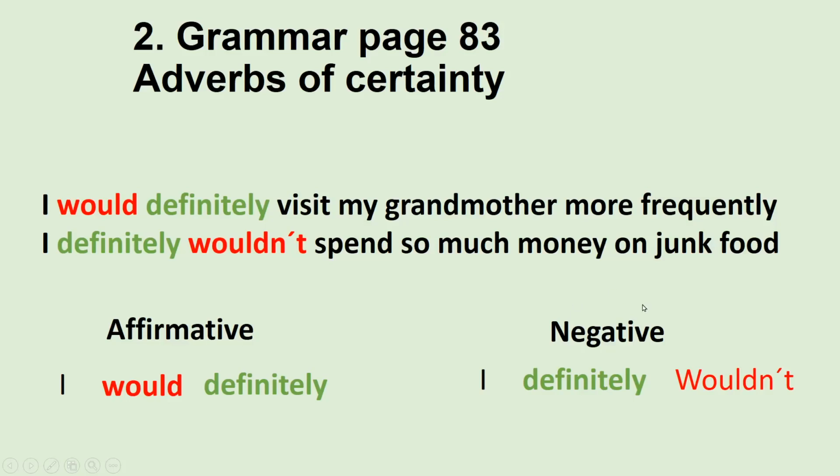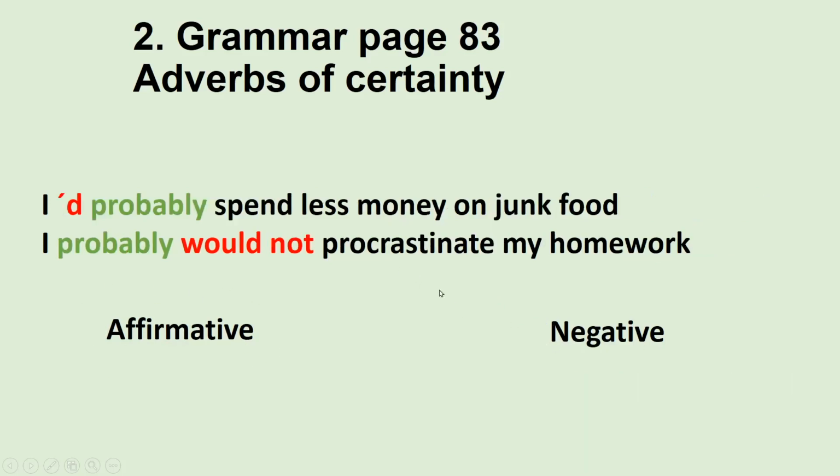So just take this into consideration. There is a difference if you want to make an affirmative sentence or a negative one. Now the adverb of certainty in this case is probably. So there is a difference in affirmative and negative.